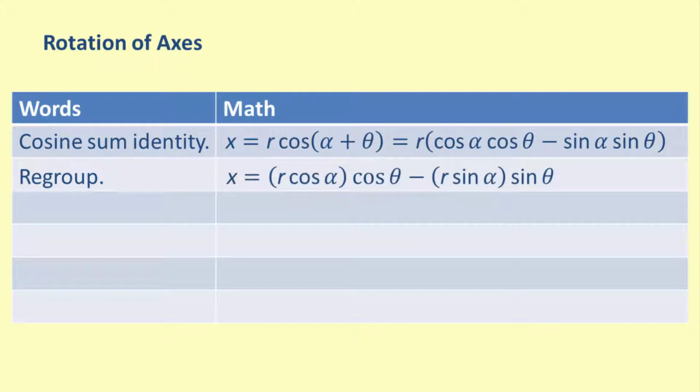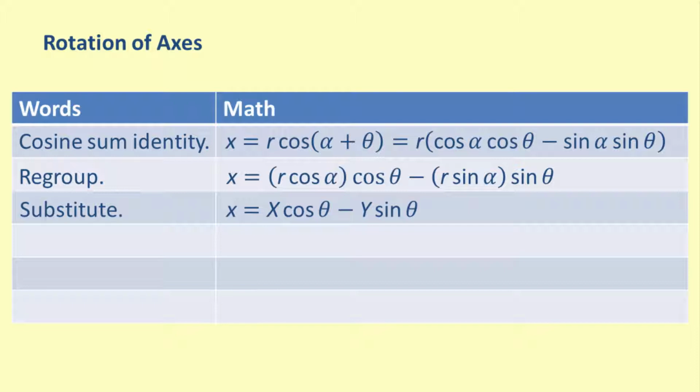So, x equals the quantity r times cosine of alpha times the cosine of theta minus the quantity r times sine of alpha times the sine of theta. Then, substitute according to the relationships: capital X equals r times cosine of alpha and capital Y equals r times sine of alpha. This gives us the rotation of axes formula for x. So, x equals capital X times cosine of theta minus capital Y times sine of theta.